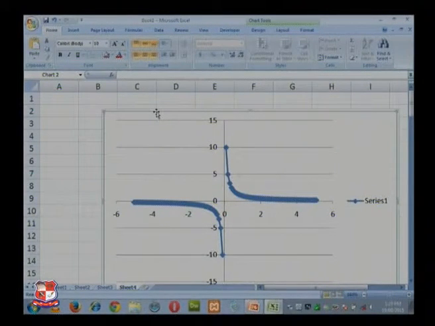You see, as x is coming from 5 towards 0, y is going to minus infinity, and when it is approaching from plus 5 to 0, it is going to plus infinity, is it not? So the value of y at 0 is undefined, but it is approaching in two directions.